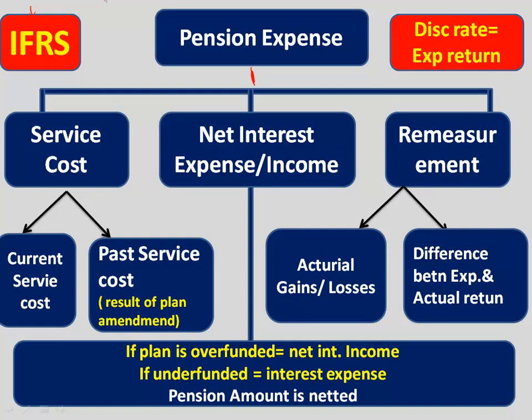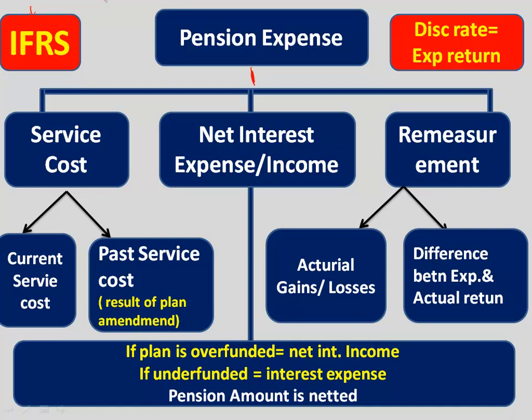What we generally do is that on the assets that we would be creating, we would have some actual amount of return. So in year 1 you might have 10%, year 2 you have 15%. But if you take those actual returns directly, then it might increase the variability of your pension expense substantially. So instead of taking the actual return, we take one expected rate of return.